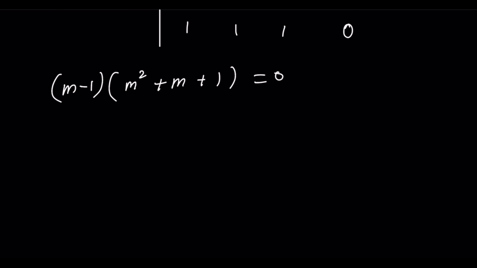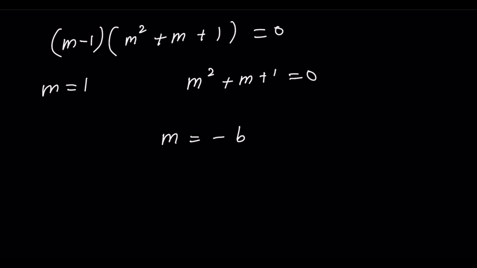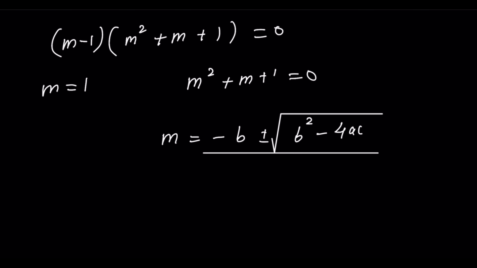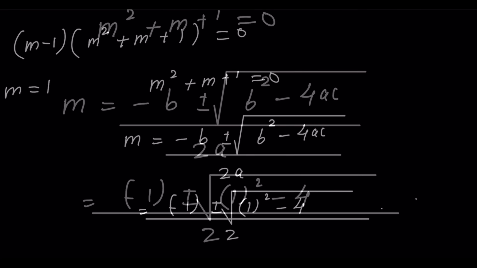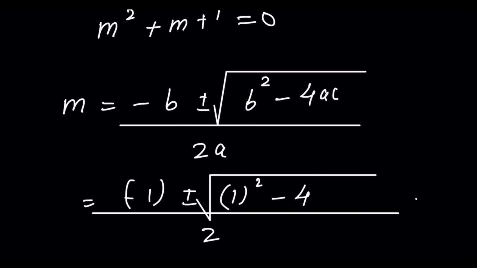The first root of m is equal to 1, whilst for this, we're going to be using the quadratic formula. When we simplify this root over here, we're going to get minus 3.